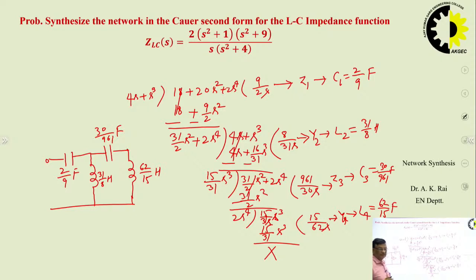Okay. So this is the general procedure to carry out the synthesis for LC immittance function in all the 4 forms: core first, core second, Foster first, Foster second.